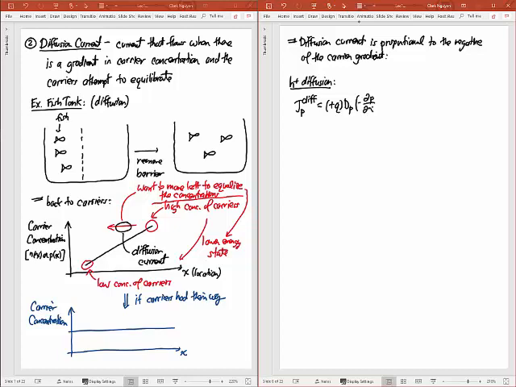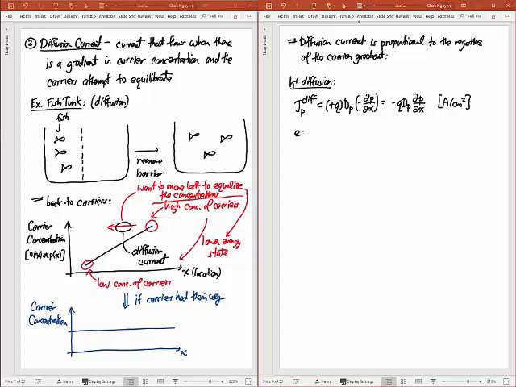So negative of the derivative of P, which is the hole concentration, with respect to x, which means I write this whole thing as minus Q times d sub P times dP dx, and that's going to have units of amperes per square centimeter. That's for hole diffusion there.